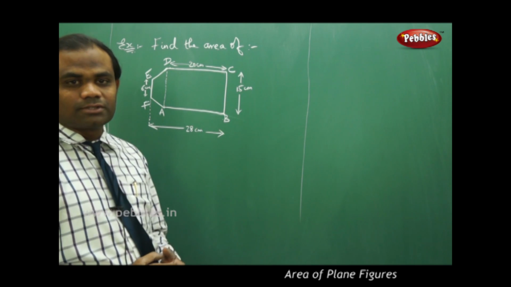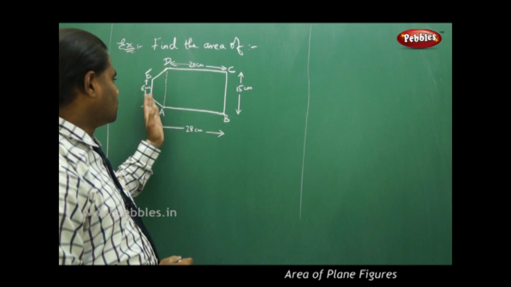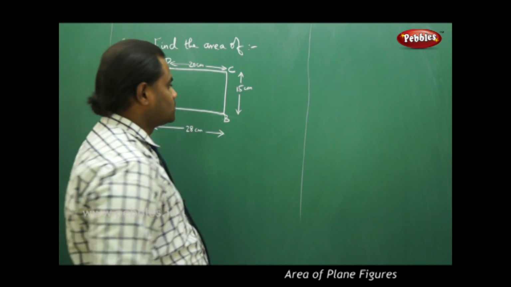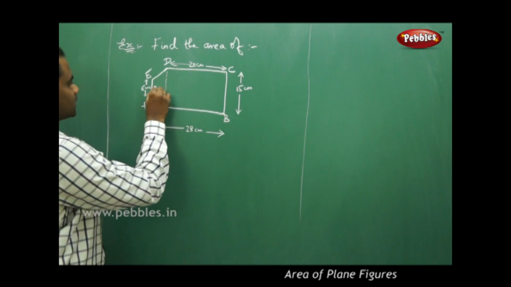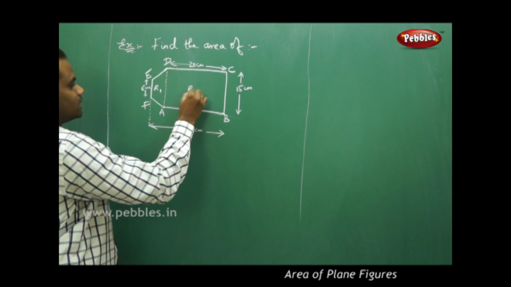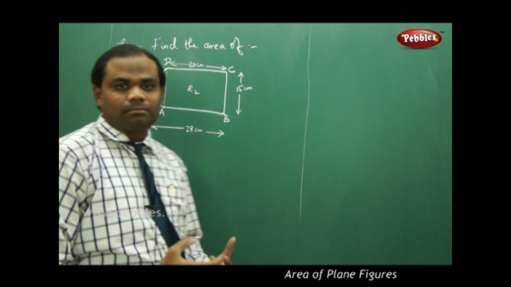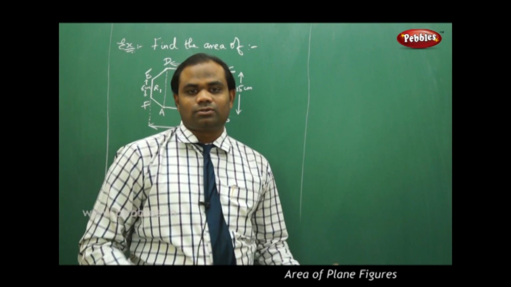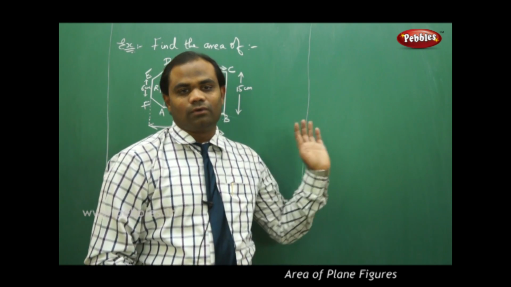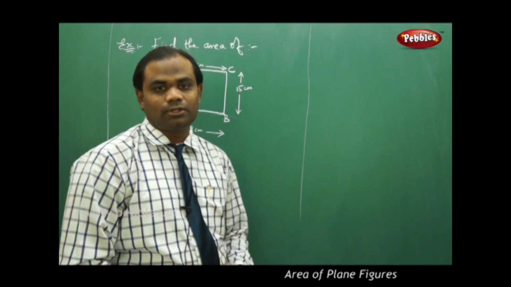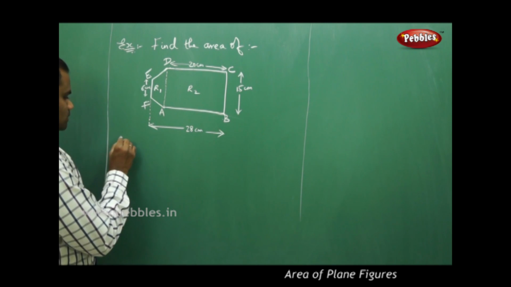These are the two regions which are broken up from the entire region. Let's find the area of this region, which I take as R1, and this one as R2, and then add R1 plus R2 so that I get the area of the overall region required in the question.